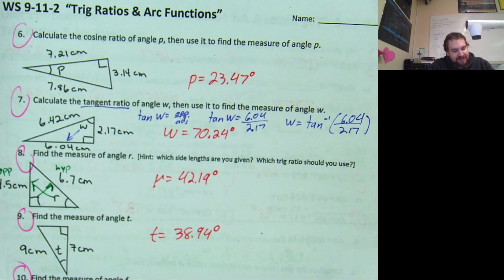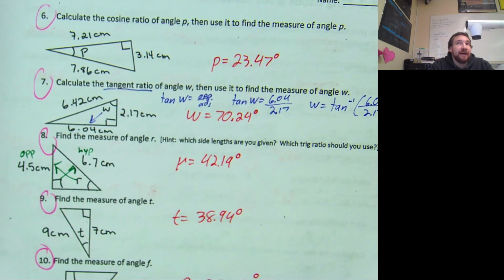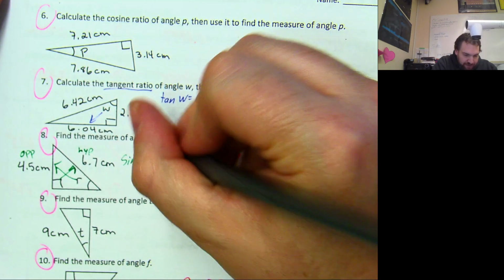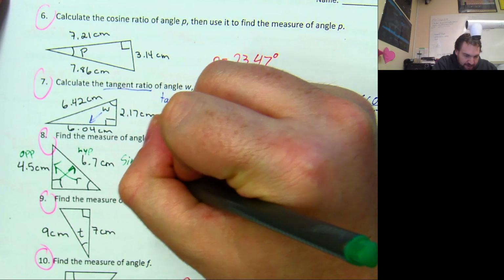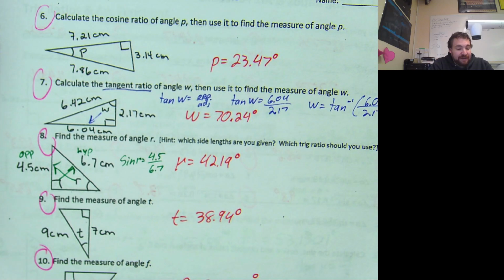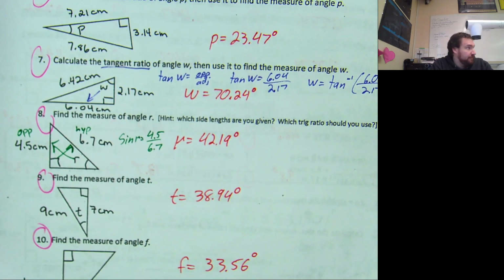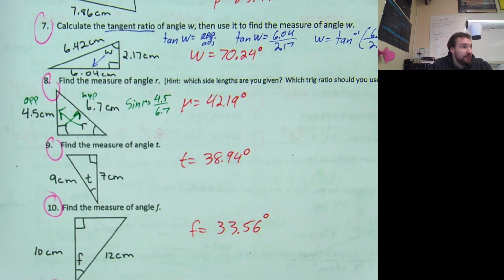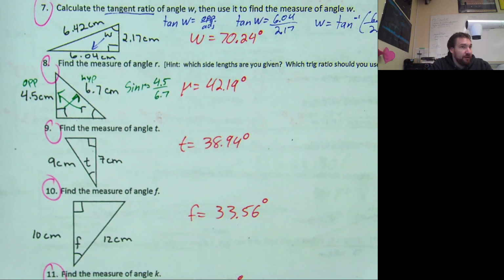Which trig ratio are we going to have to use to find R? We're going to have to use sine. So sine R is going to equal the opposite side over the hypotenuse, and you solve it from there. Do you want me to go further, or is that good? Okay. Anybody else, 9, 10, or 11? If I'm hearing nothing, it means we're all good.